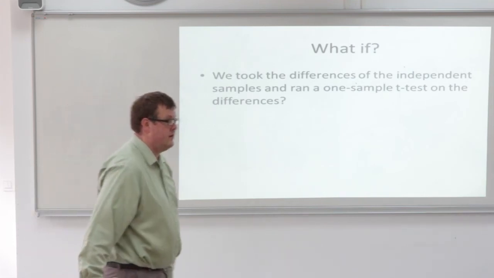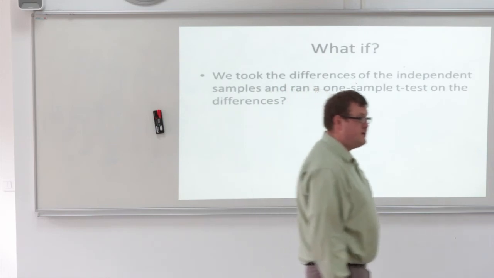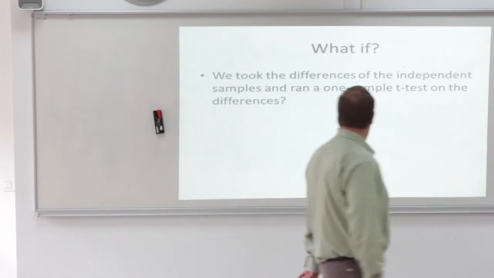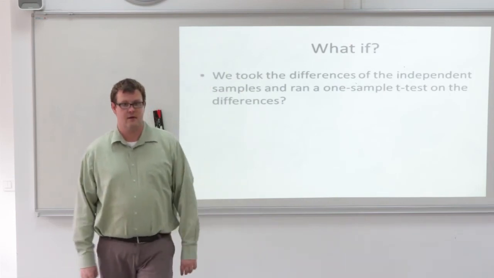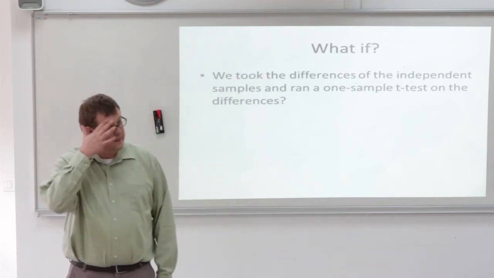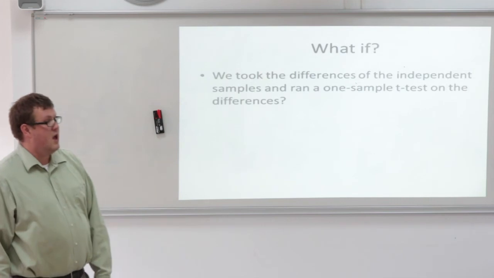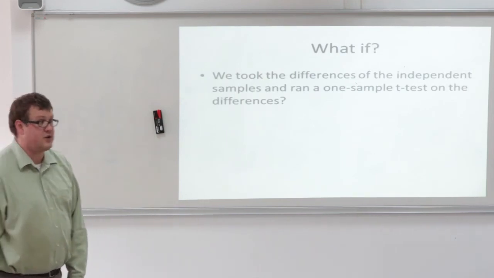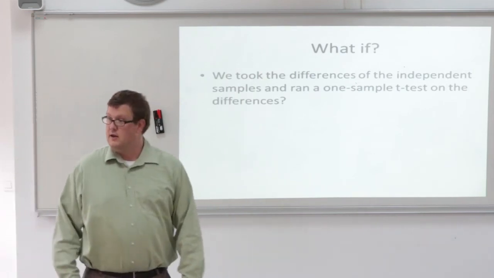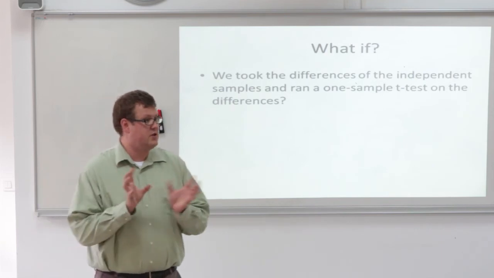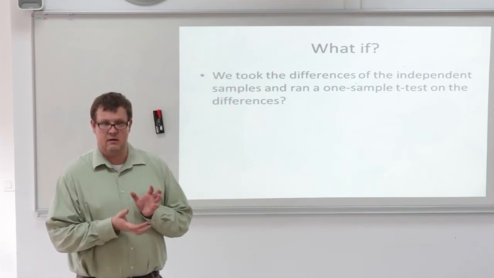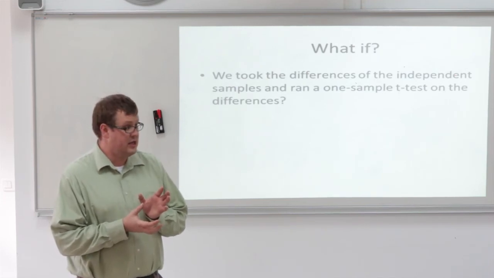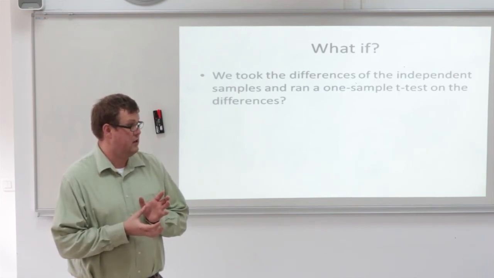Paired samples are dependent, but what if we took our independent samples and tried to treat them like this? We should add variance, you said. We would be adding variance actually, right? If we take the difference of those 2 things, then the variance, the standard error of the mean, should end up getting much larger.